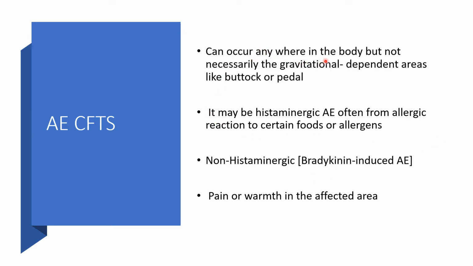It can occur anywhere in the body, but not necessarily the gravitational dependent areas like buttocks or pedal regions. For example, in people with renal pathology who are bedridden, one part of the body is the part that is resting on the bed, so edema tends to gravitate towards that side, right? That is not the case here.